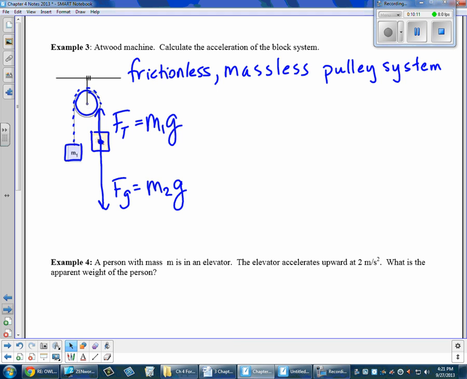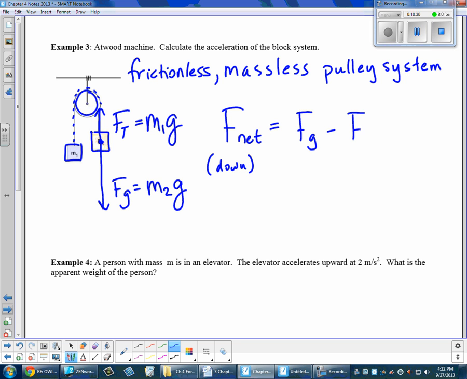So if we wanted to find the net force of this system, and if I assume that M2 is the bigger block, then I can say that the net force, which is directed downward, is equal to Fg minus Ft. And net force is typically equal to mass times acceleration.